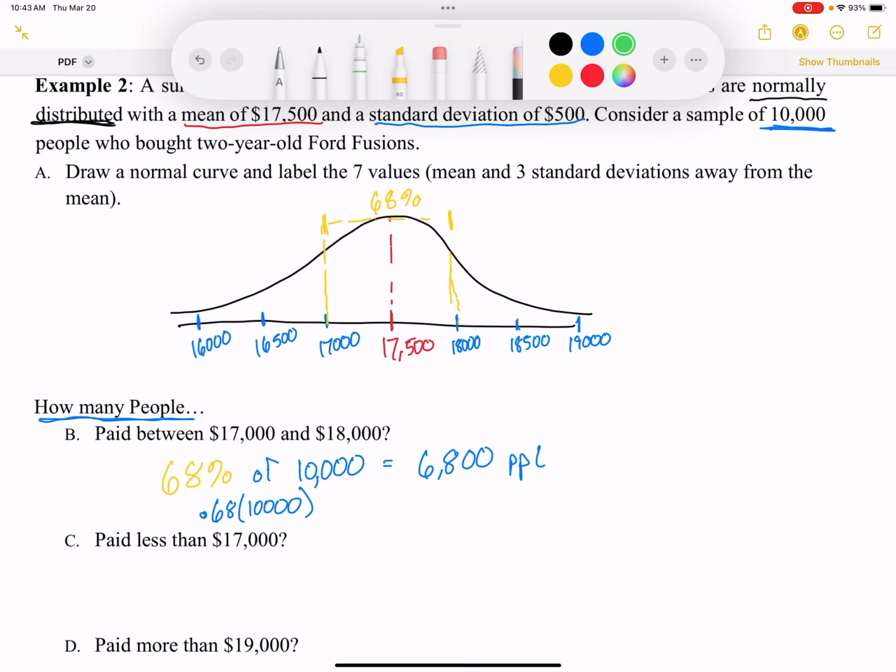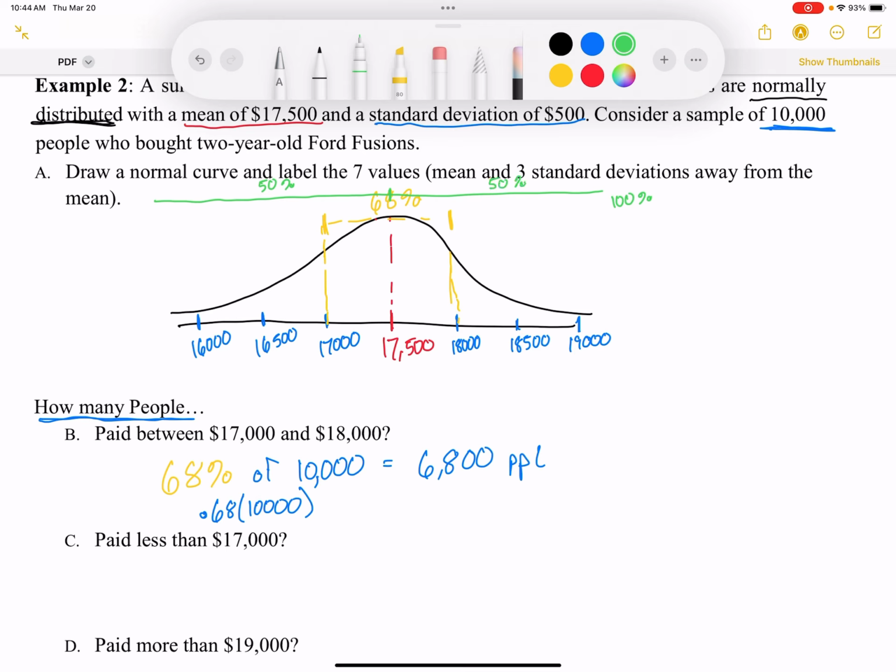Let us continue. So part C says, how many people paid less than $17,000? So as we talked about in class today, we know that our curve gives us 100% of the data. And I know 50% is above the mean and 50% is below the mean.